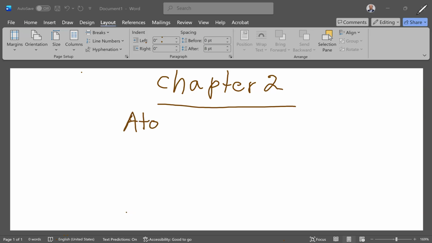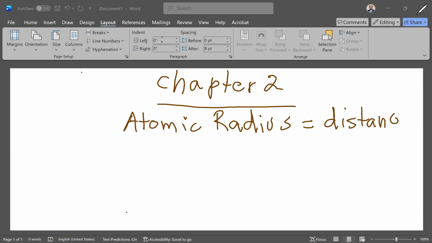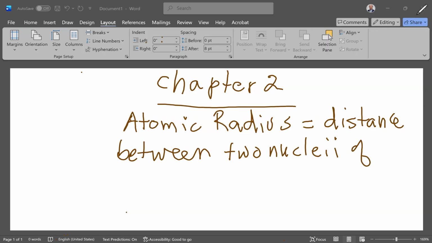If you can recall, atomic radius, and we said atomic radius is the distance between two nuclei of the same atoms.